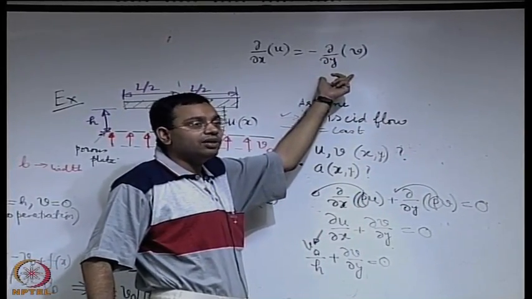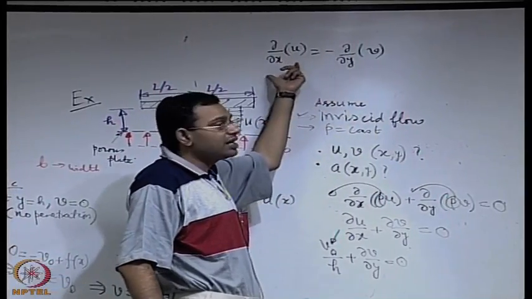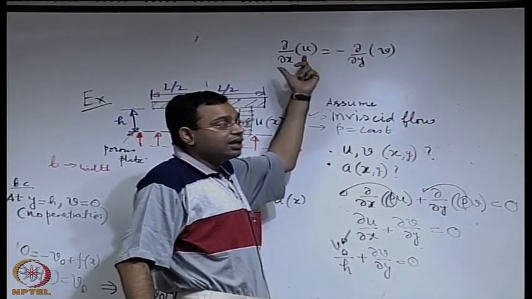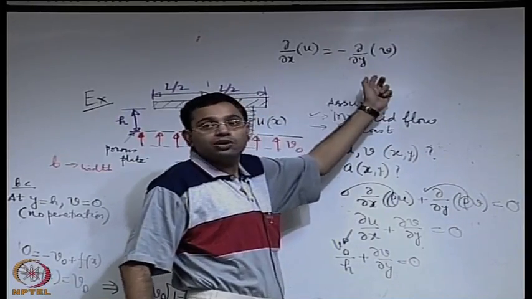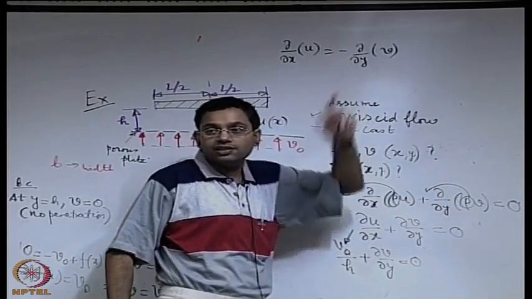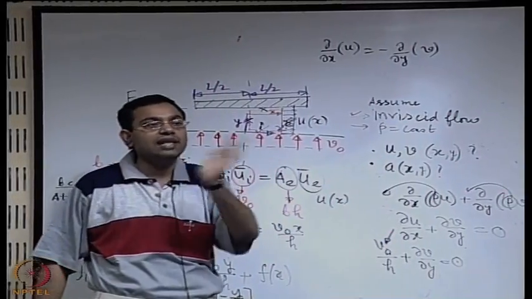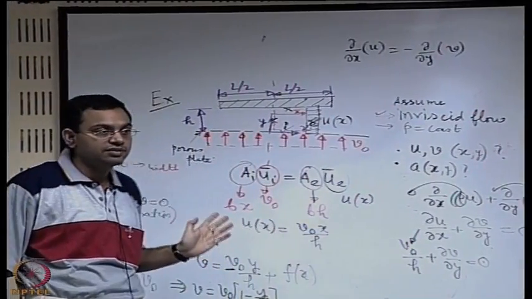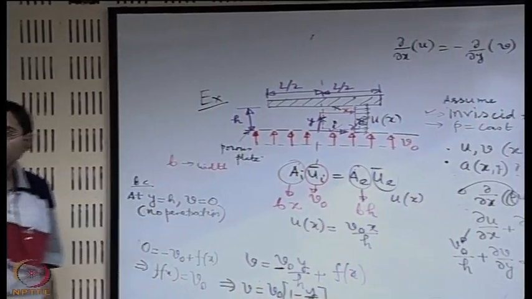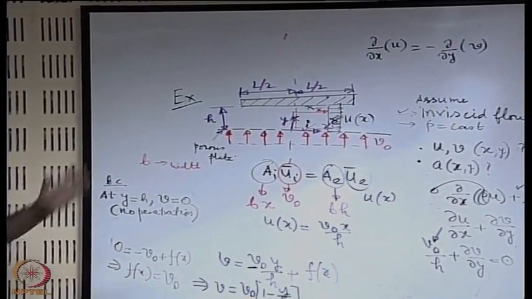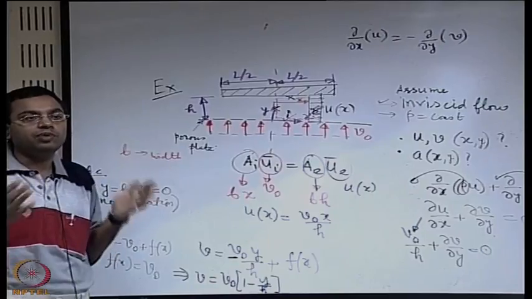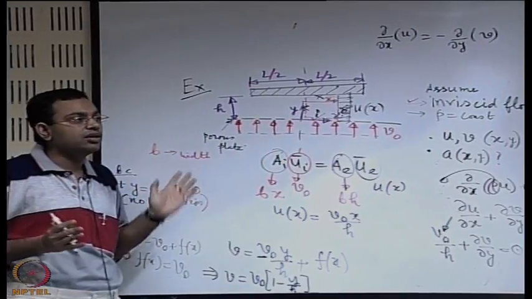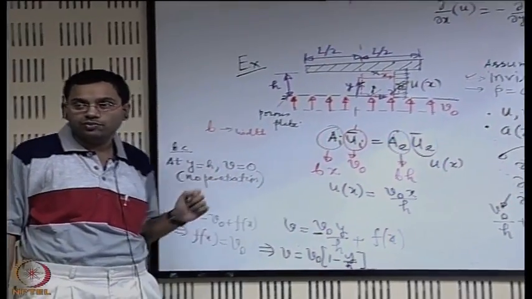Ironically you are getting a situation where the left hand side is a function of x only, and the right hand side is a function of y only. It is possible only when each is equal to a constant, otherwise you do not have a way by which you can cancel x and y from both sides. So the only way is that you get a constant. These are just ways of looking into a problem. It is not just a matter of solving a problem, there are nice interesting concepts and remarks that you can get from a problem.